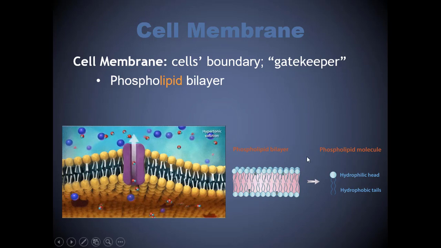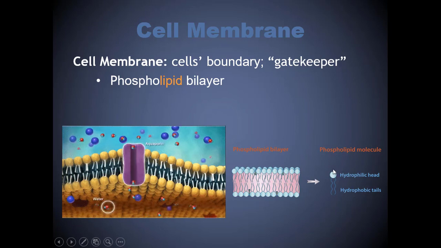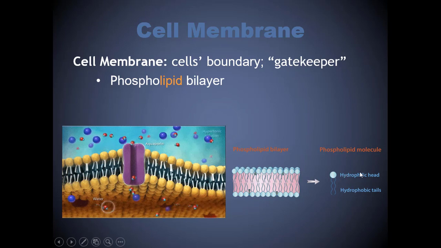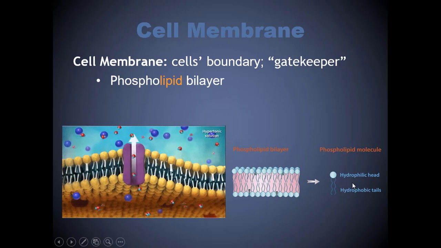The head is the phosphate, and hydrophilic because that part of it attracts water, or is water-liking. And then the tail, which is the lipid, as you already know, hates water. Mostly lipids, fats, and oils do not have an affinity for water. They do not mix.